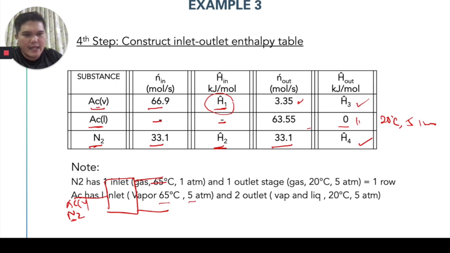And if you decided that you want to make acetone vapor at 20 degrees Celsius and 5 atm the reference state, then instead of specifying H3 here, you put 0. Again, it is entirely up to you which state you choose as your reference state. But it is easier to pick one stream and set it as the reference state, so ultimately the enthalpy for that state equals 0.